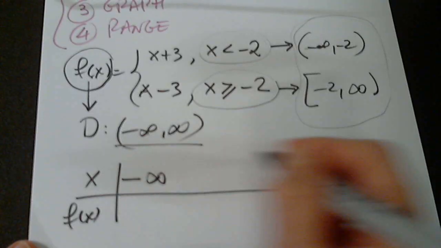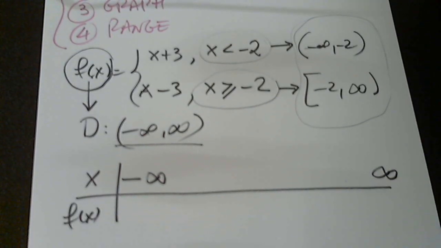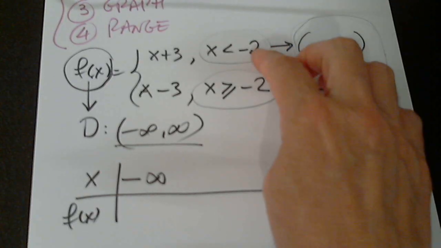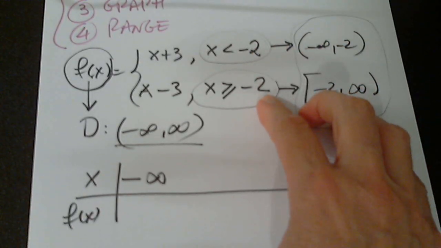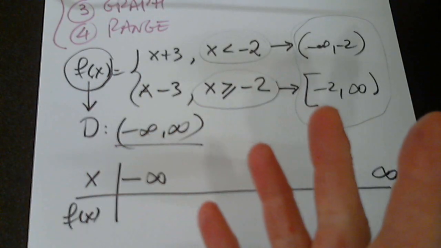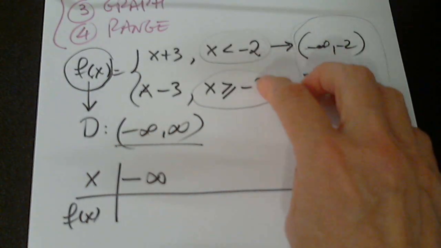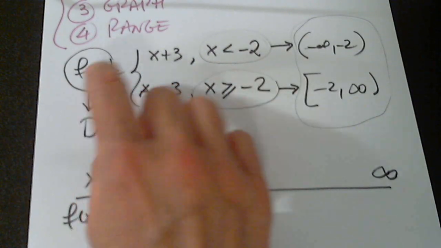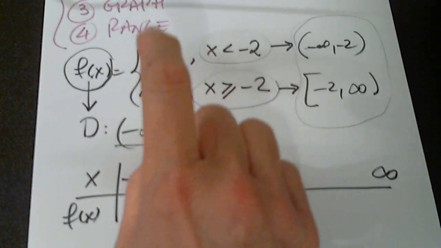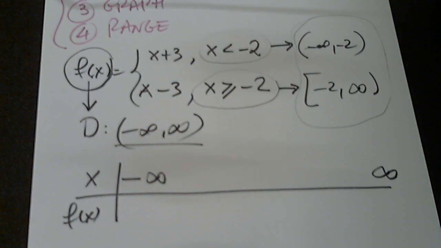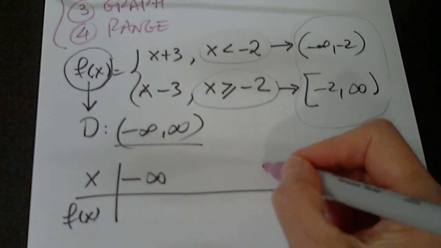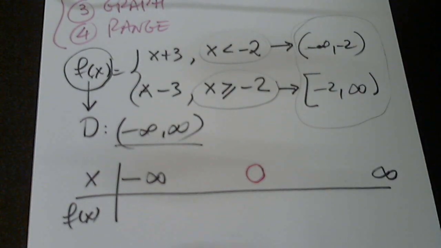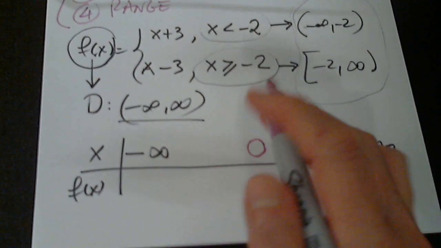I have to write the domain in the table. My next step, notice that this value of x is crucial for this function. Why? Because at -2, this function changes shape from this to this. So -2 has to be in the table. 0 is in the middle. The domain is all real numbers, so I have to have 0. Now, -2 is somewhere here.